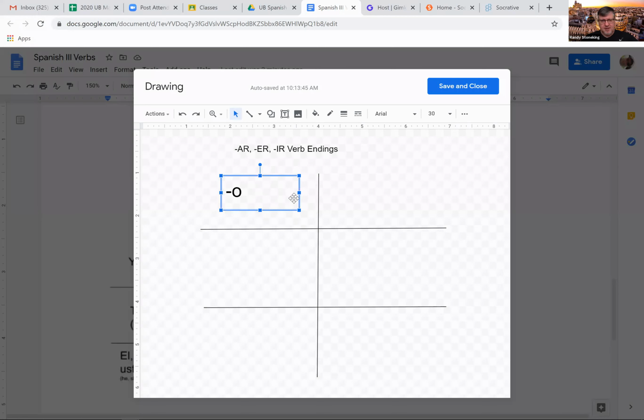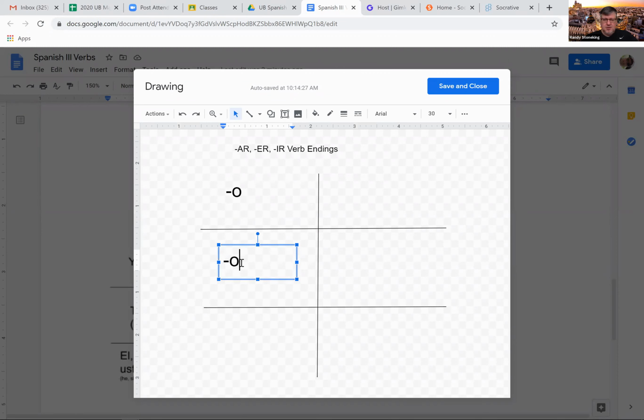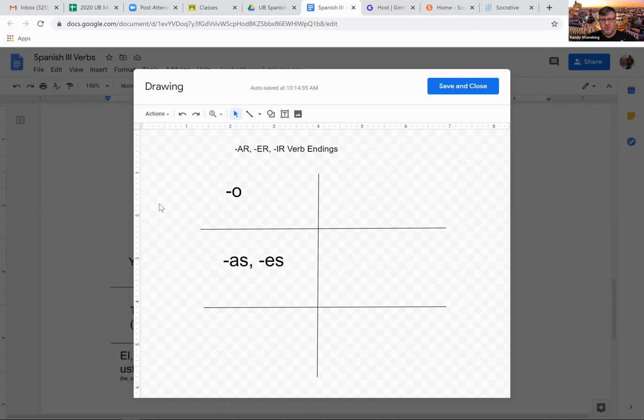And then let's do our tú ending, which is AS, or it might also be ES. So AS if the verb ends with AR, ES if the verb ends with either ER or IR.